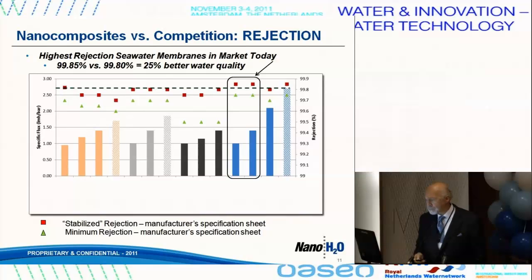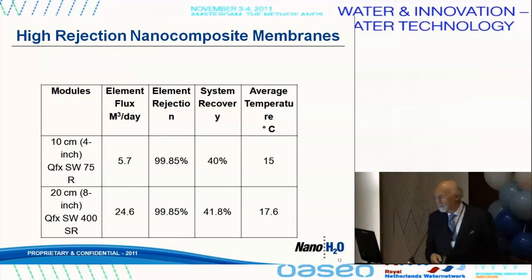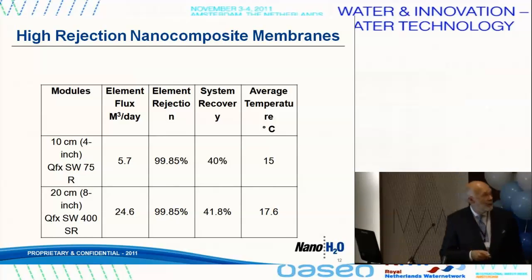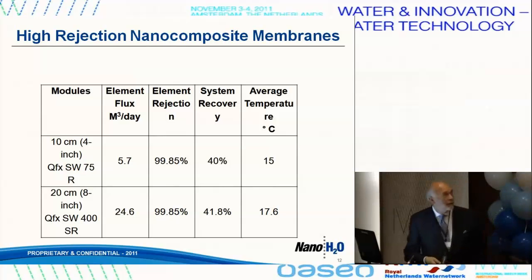So looking at high rejection nanocomposites, we have these in the field now, but we've also tried it with 10 centimeter and 20 centimeter, and getting 99.85% rejection.